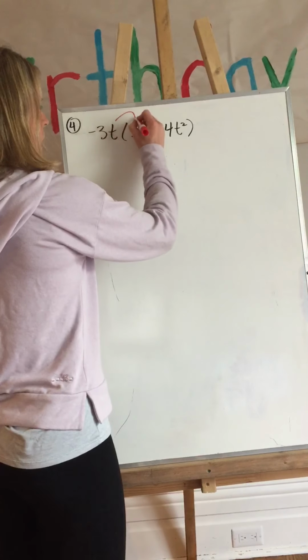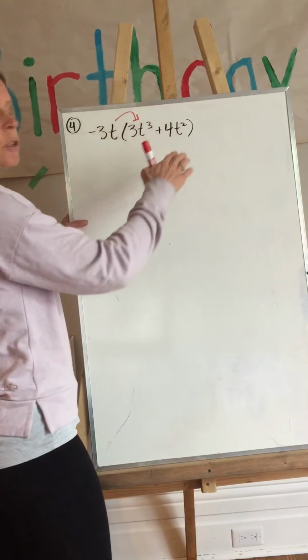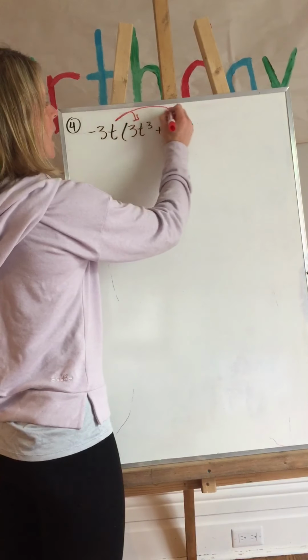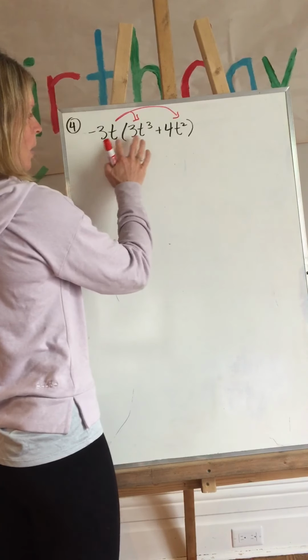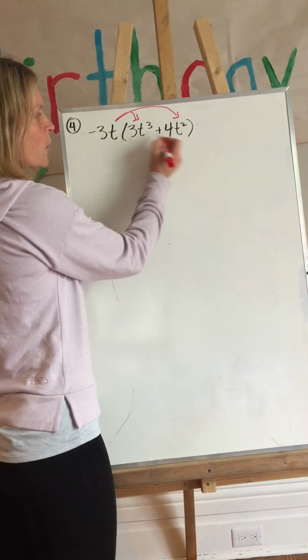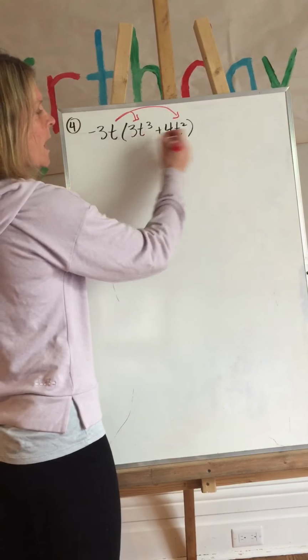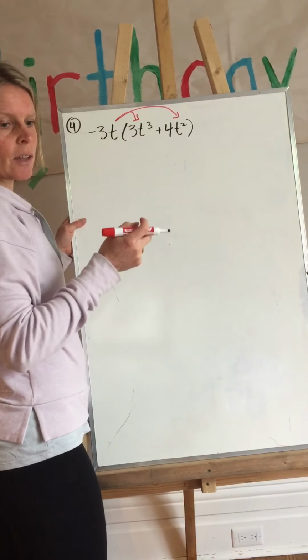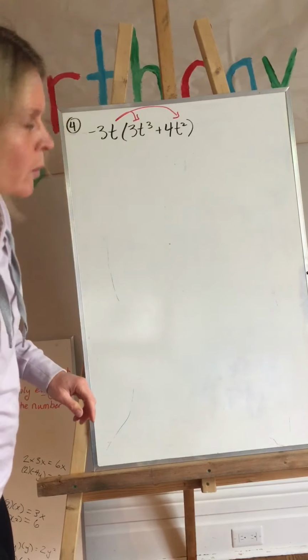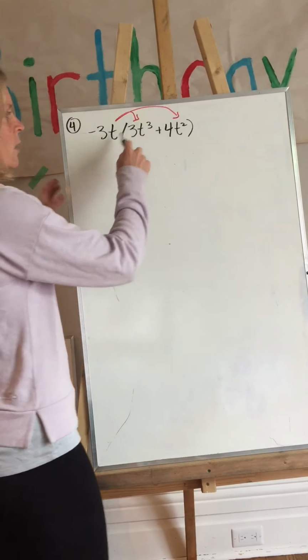Answer, I'm going to set up my arrows. Some of you will do this every time. Some of you will not. Okay, but as long as you are remembering every single time to multiply that number out in front by both terms, or if there's 3 terms, by everything inside the brackets, it's okay, okay? But the arrows do often help us to remind us that we need to multiply by both terms.